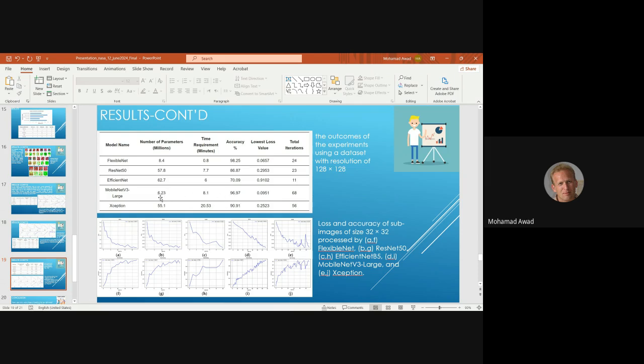We can see that MobileNet V3 Large again is better in number of parameters, and it took less time than FlexibleNet. FlexibleNet here is much better than MobileNet compared to the other experiment, but the only problem is that MobileNet has fewer parameters than FlexibleNet.